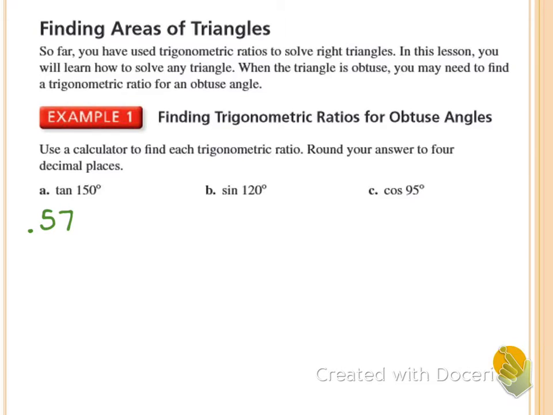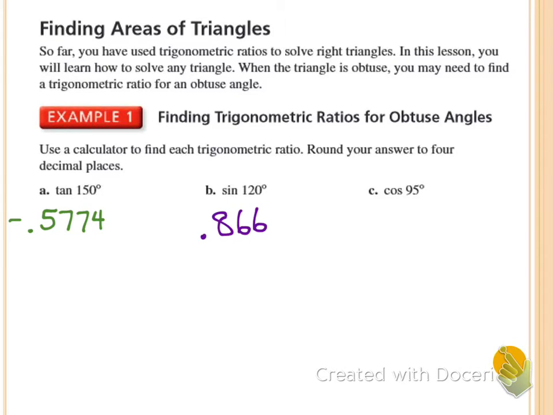0.5774? Negative 0.5774. We all agree? So because it's obtuse, that's where that negative comes in. You'll see how it plays a role in a minute. Sine of 120. 0.866.